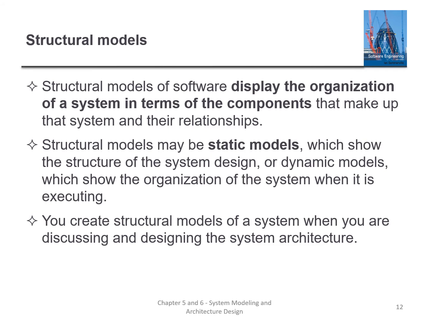The structural model, as I mentioned just now, shows the organization of the system in terms of components. Because a system is big, you need to break it down into several components, and the structural model is interested in how the components are organized and the relationships between them. Structural models are sometimes called static models. It only shows the organization of the system.